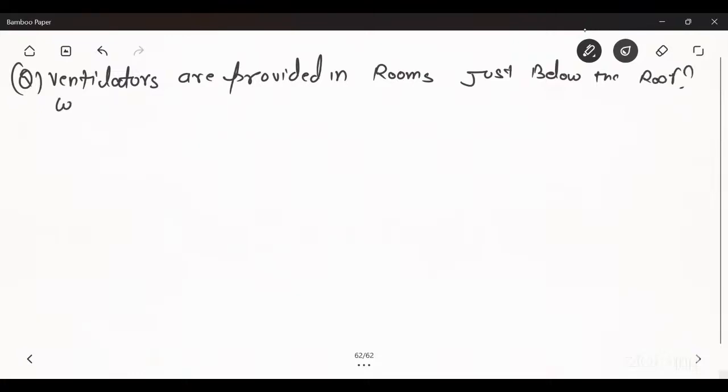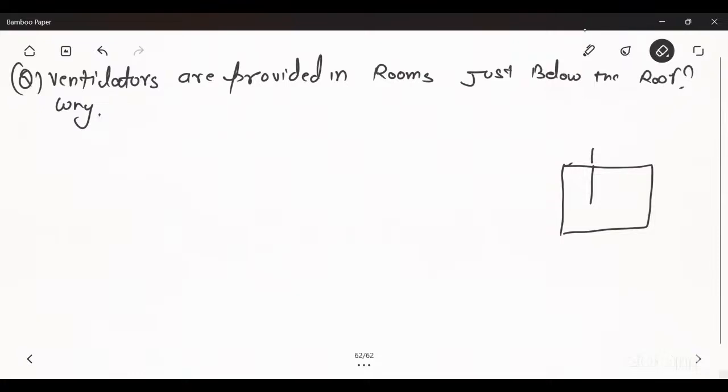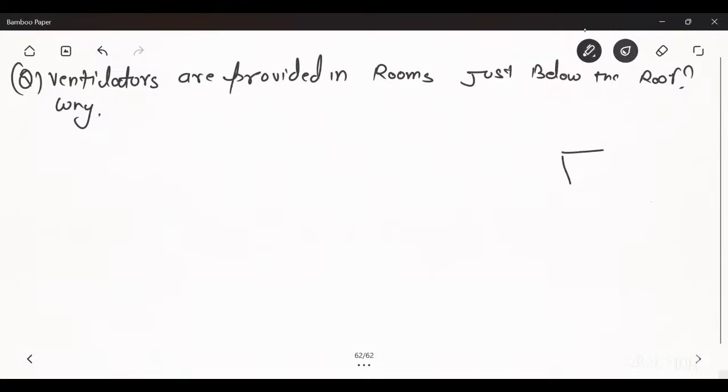Why? So suppose this is the room, and this is the roof of the room. Ventilators are provided just below the roof. Why are they provided just below the roof?